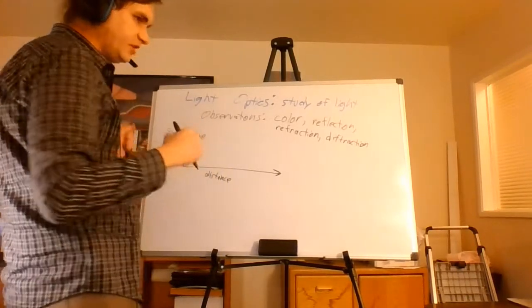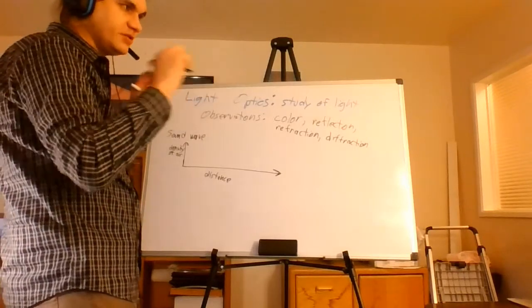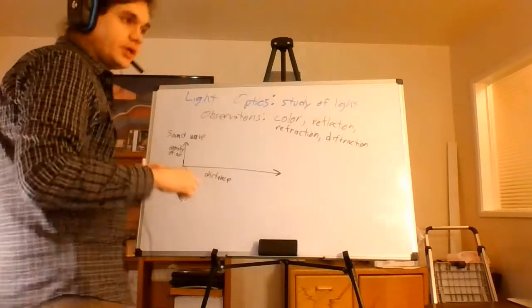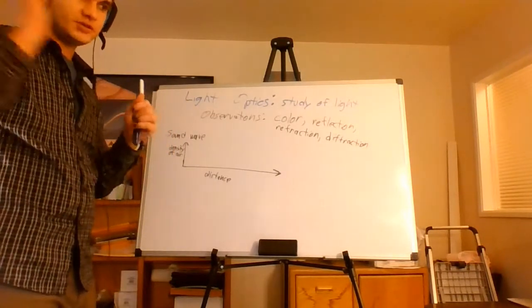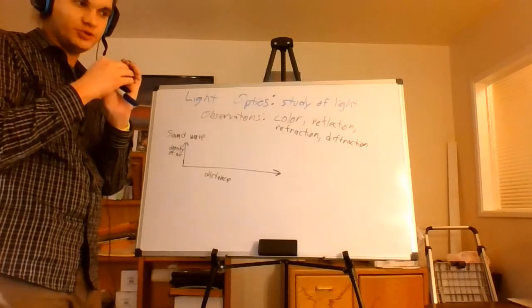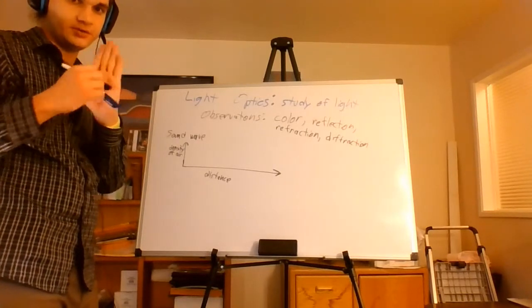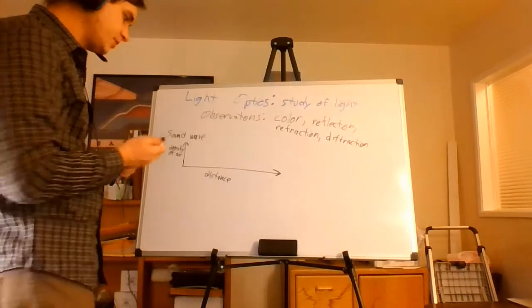What a sound wave is, is different densities of air moving forward, coming towards you. When those different densities of air hit your eardrum, the high densities push it in, the low densities pull it out, and so your eardrum goes back and forth and vibrates.